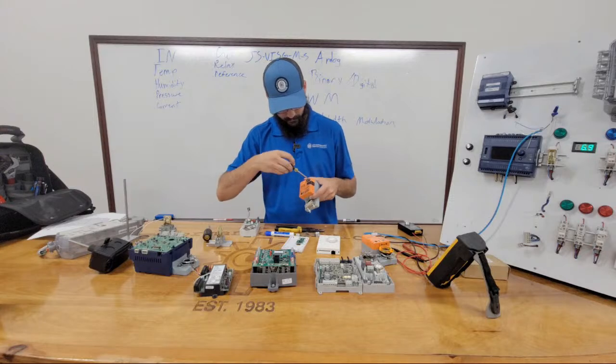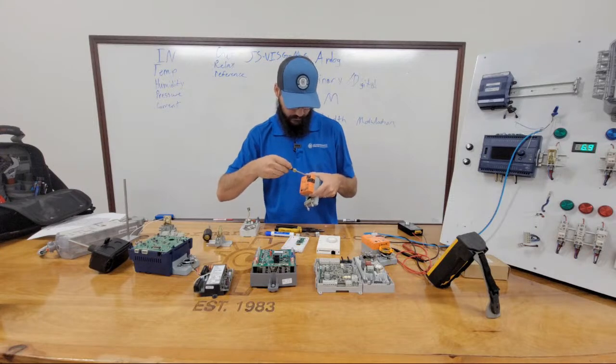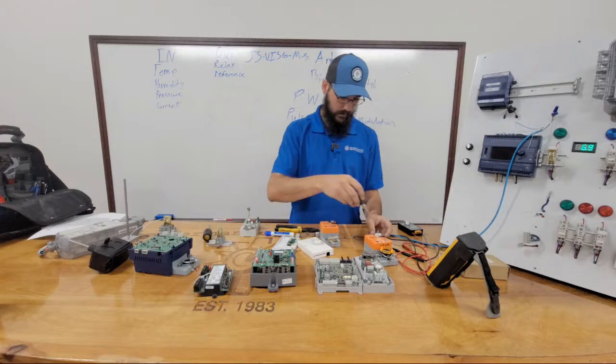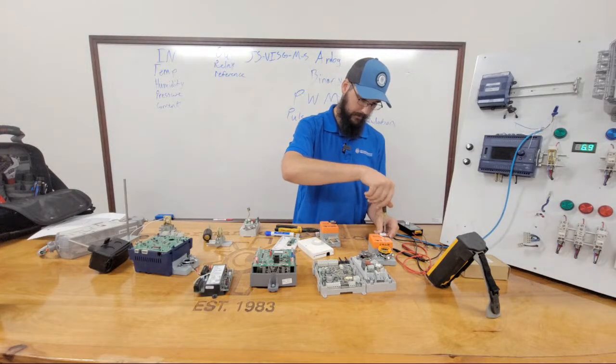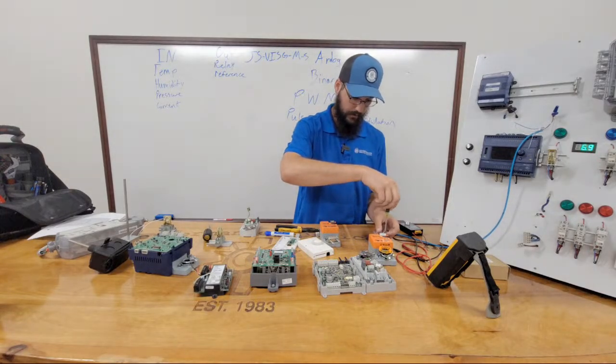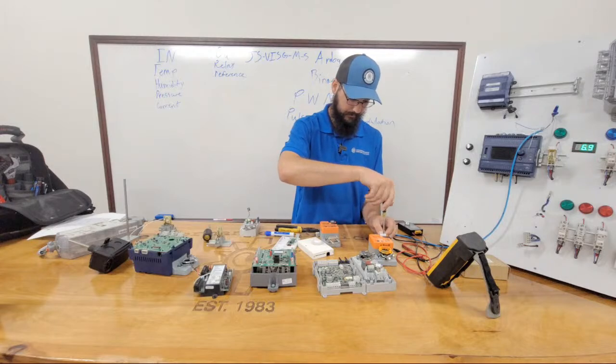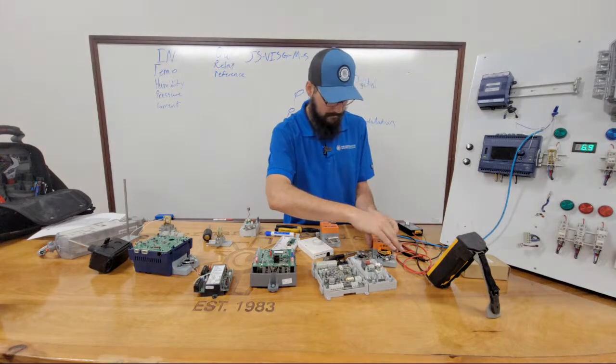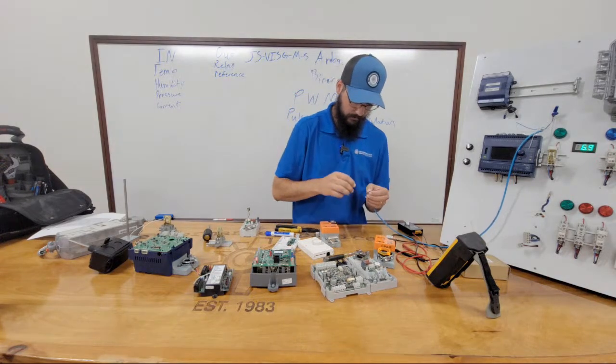All right, so next, I'm going to take this floating point. I'm going to take this 24 here. I'm going to try not to short it. I'm just going to show you what can be done.